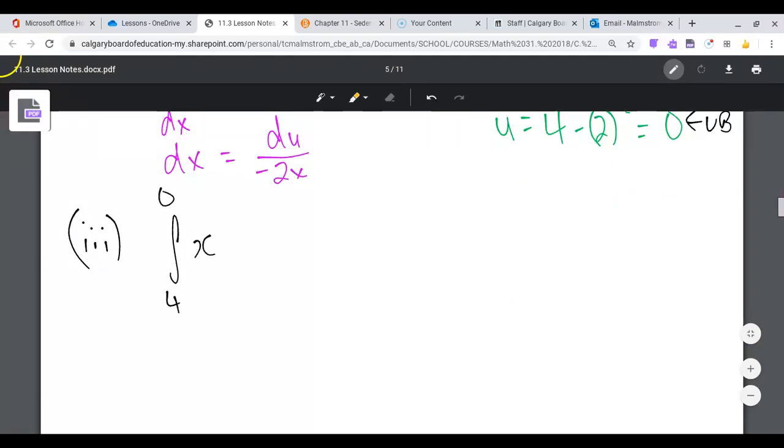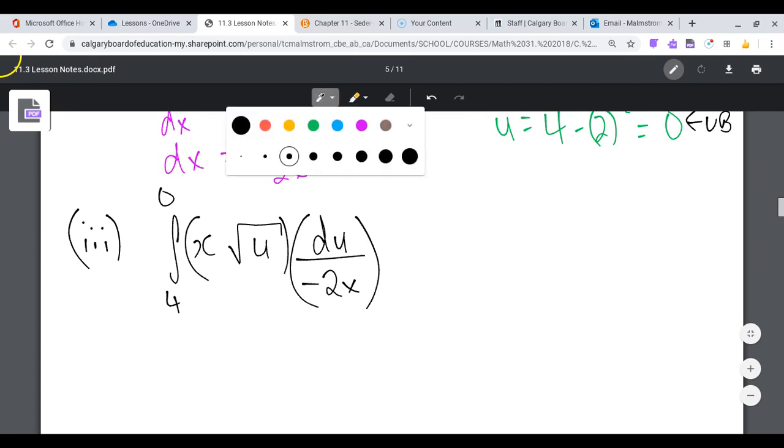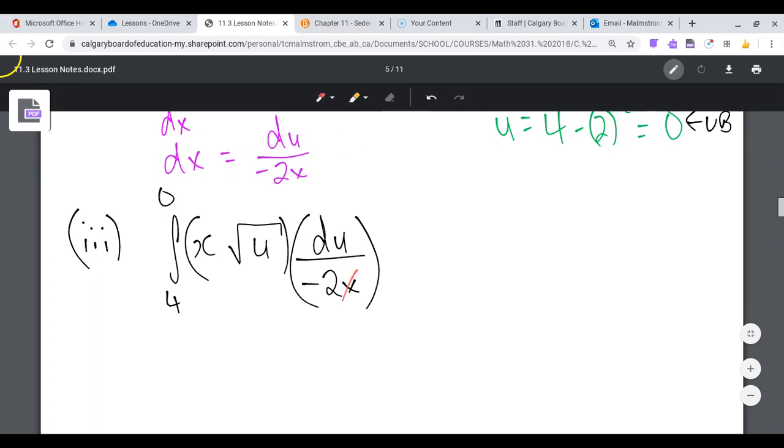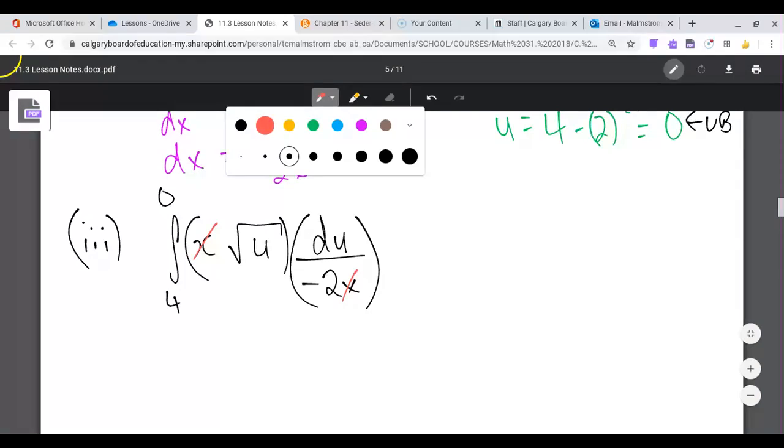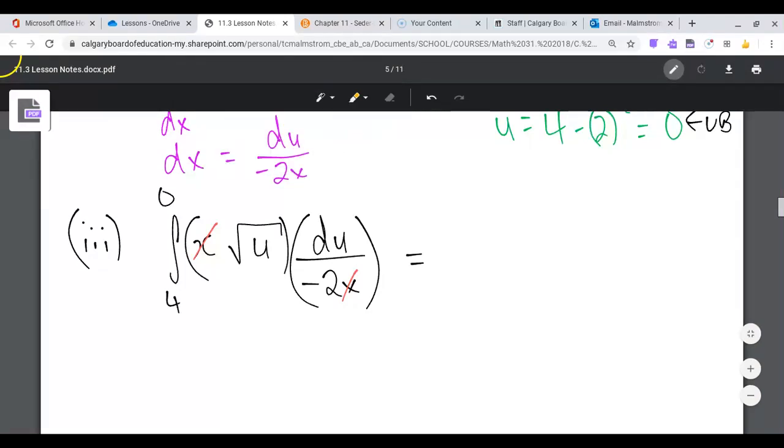X multiplied by the square root of u, and then my dx is du on negative 2x. All right, and then I have the x canceling, and I have the constant negative 1/2 that I could pull out the front. And I'm going to take the antiderivative of u to the half in terms of u.